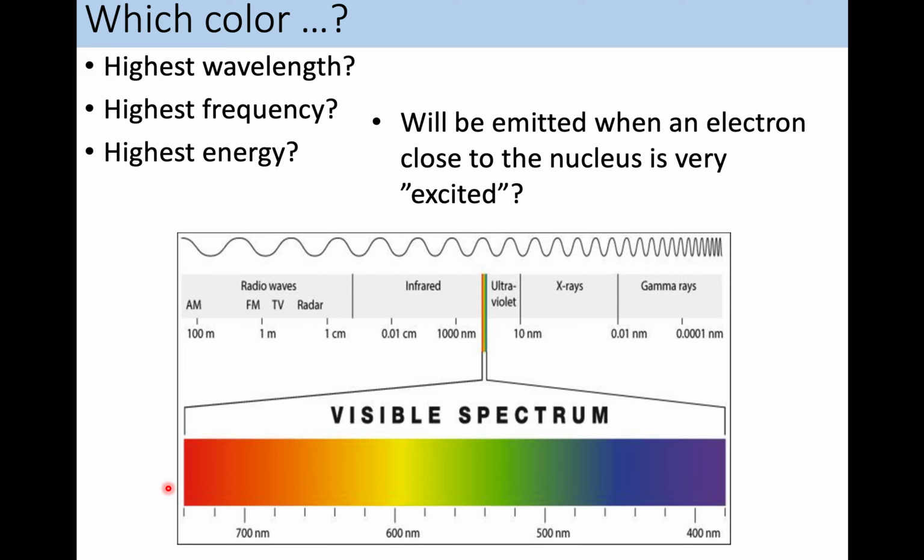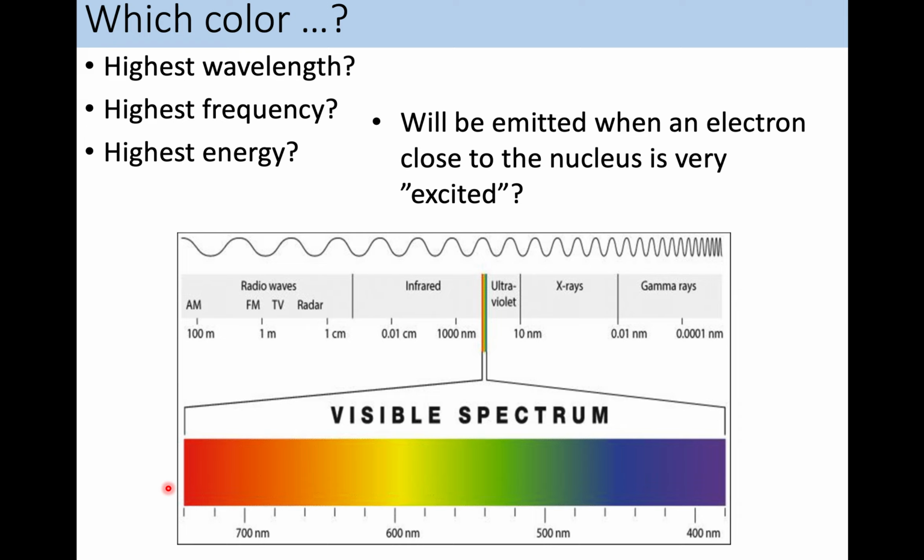So what color will be emitted when an electron close to the nucleus is very excited? Remember that the electrons closest to the nucleus are being held in by a really strong force because they're very close to the nucleus. So it's going to take a lot of energy to break that attraction.